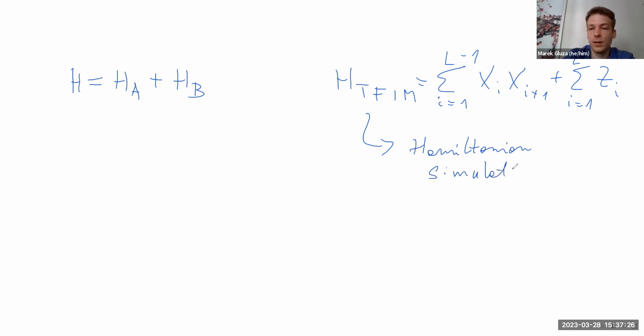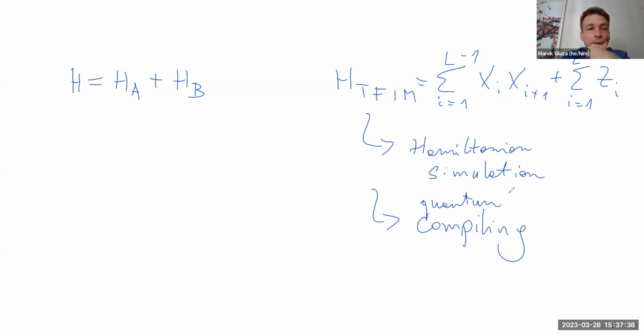But I will also show compiling at some point, I think. And quantum compiling is a subject that usually is not covered in quantum lectures, so we will go more into that.